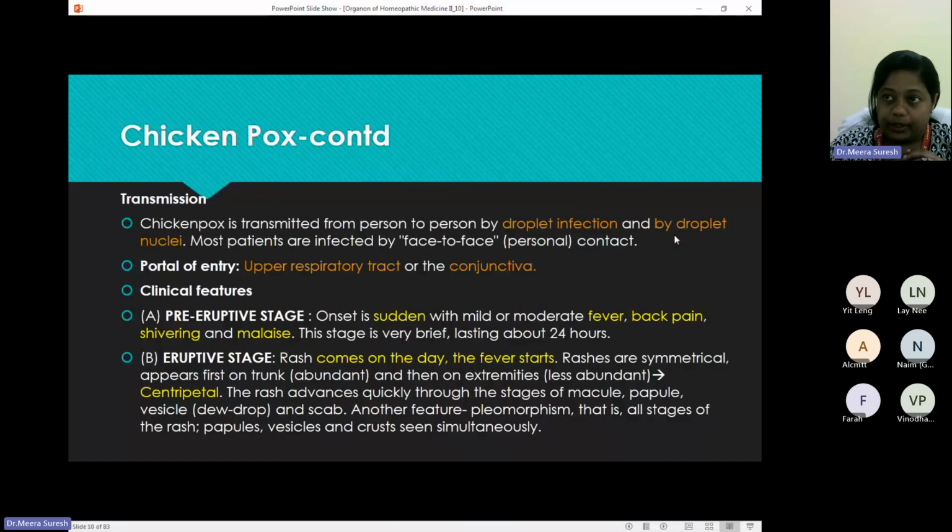Even if another person comes to the environment where the patient was and the droplet nuclei are there, there are chances that he gets infected, because the droplet nuclei, being very small, tend to remain in the environment for a longer time. But a droplet, because of its heavy weight, will usually settle somewhere, like falling down to the floor.